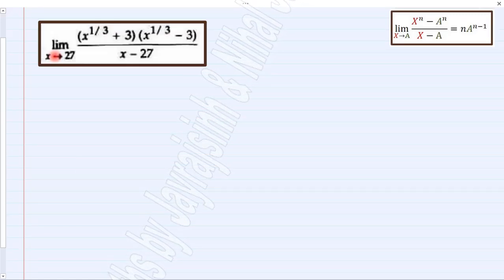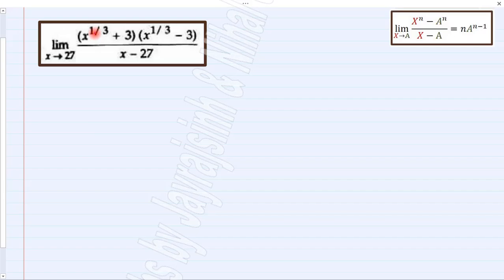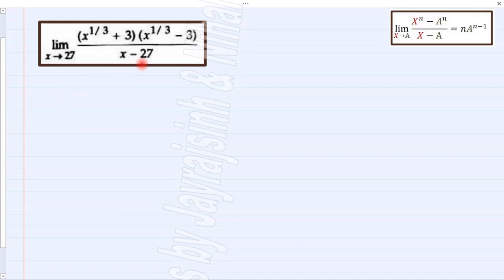In this question, we have to find limit x tends to 27, (x raised to 1 by 3 plus 3)(x raised to 1 by 3 minus 3) upon x minus 27. Your function is in the form of 0 by 0.